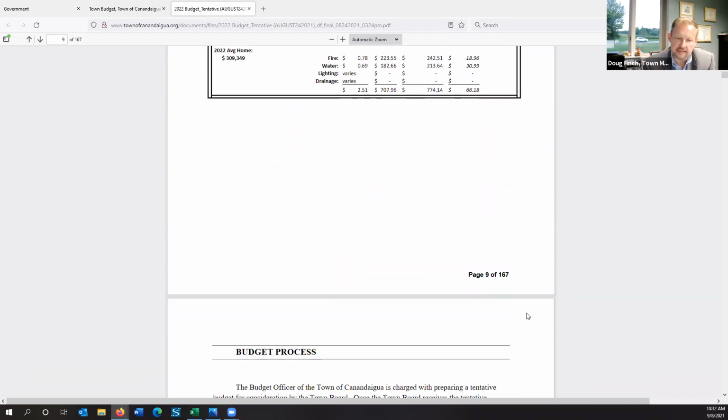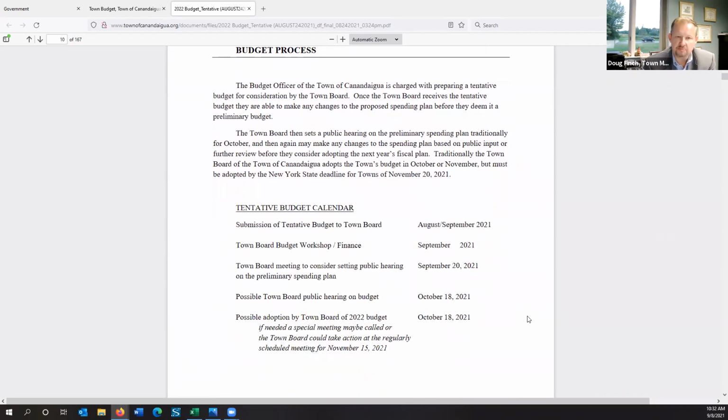I know this really gets into a lot of detail. The budget process we'll touch on here briefly. I already touched on this a little bit. For us, the budget process for the employees of the town of Canandaigua, the staff and our department heads, really begins in the June-July timeframe. That's when we open up our financial management system for the next calendar year, fiscal year.